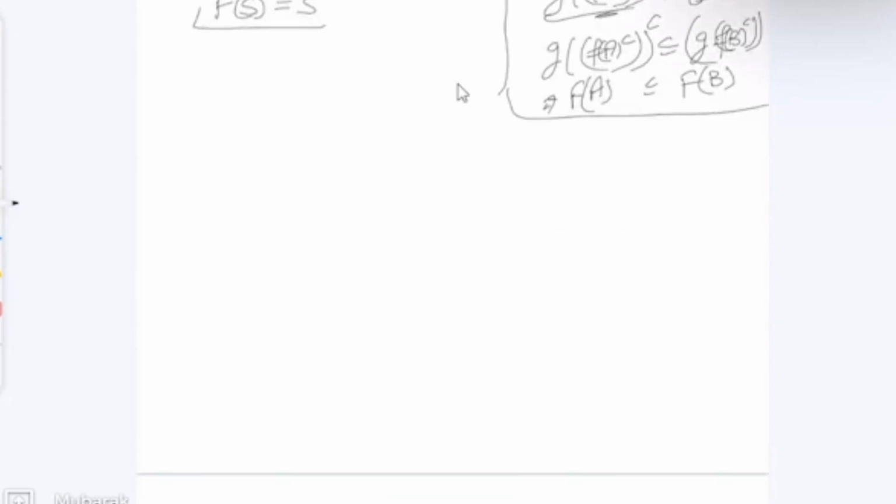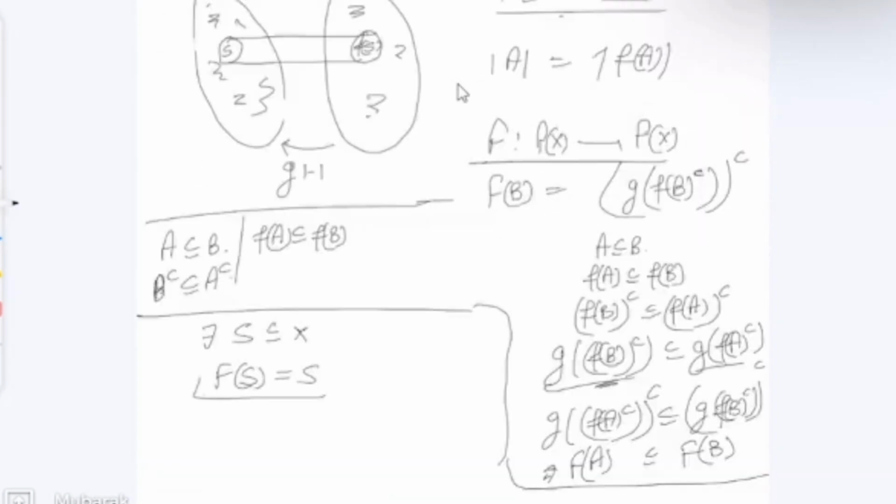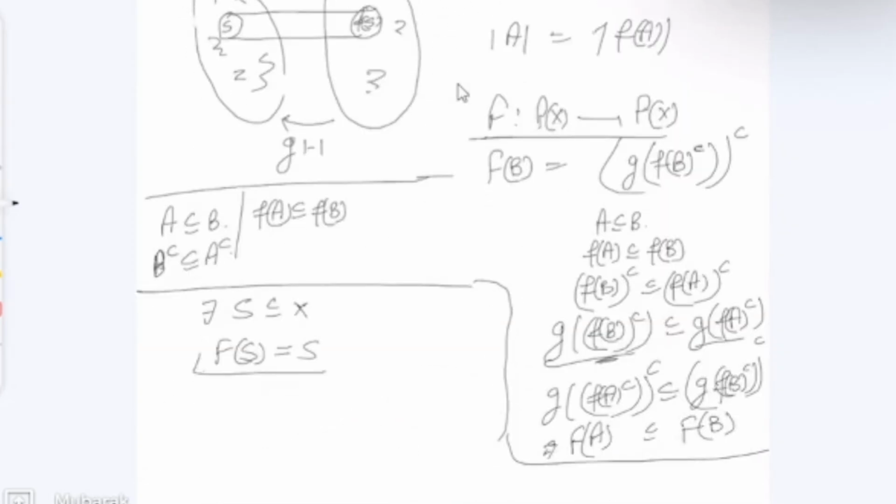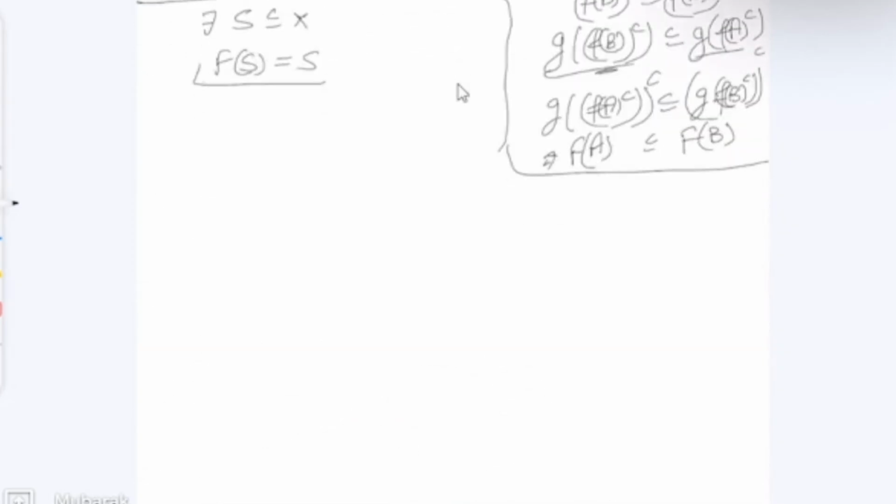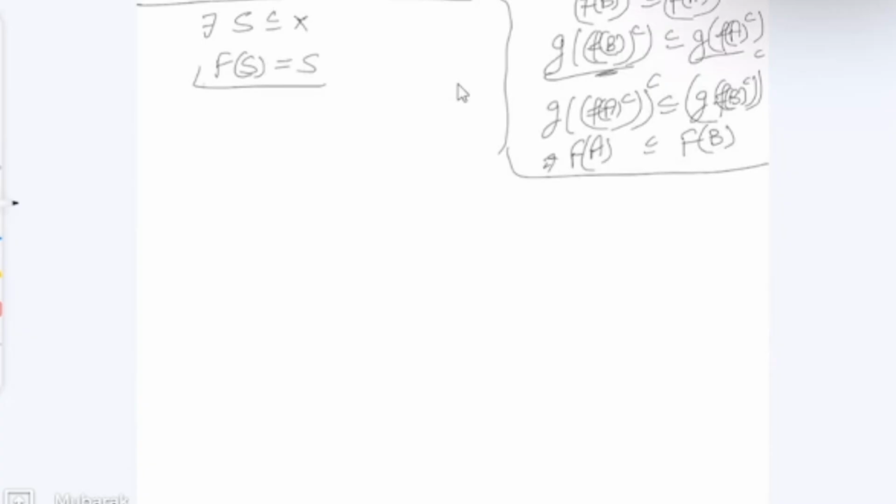So now we can define our map. To show these two sets are equal, if we show a bijection between them using f and g, that will be good.